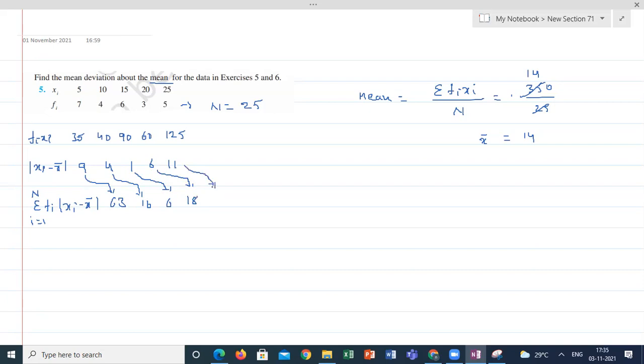For 11, it is 55. So this sum, sigma f_i modulus of x_i minus x bar, will be equal to 158. So the mean deviation about the mean will be equal to 158 divided by 25.